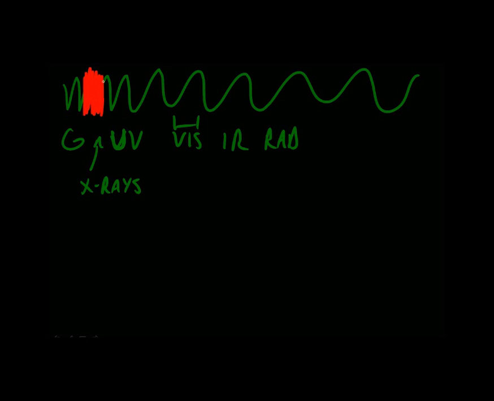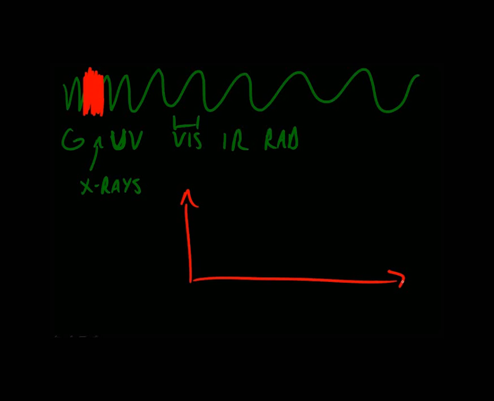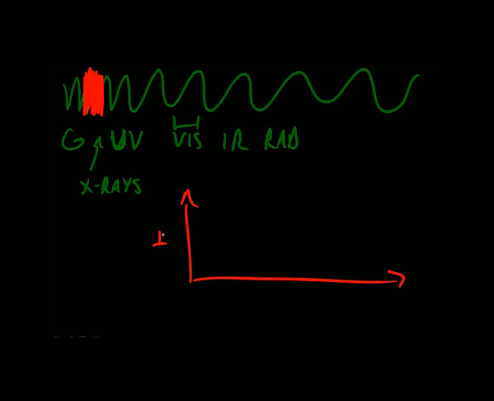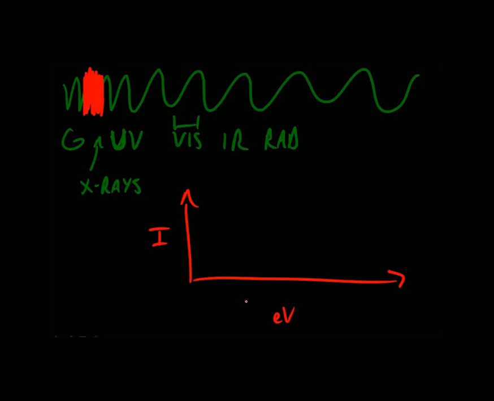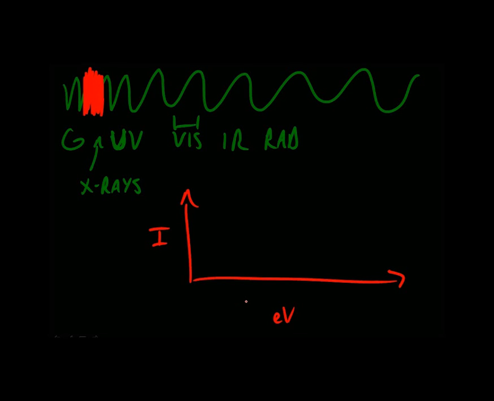So what does it look like if you do EDS detection? One thing you'll get is this type of chart, where you'll have intensity plotted against electron volts. What you're looking at is the energies of the X-rays being detected.